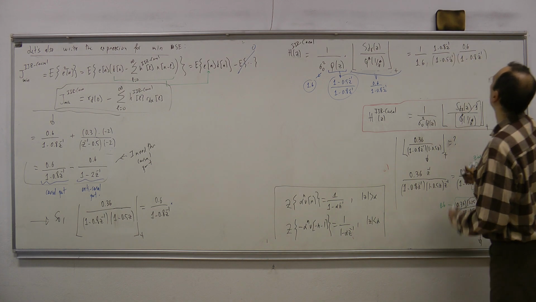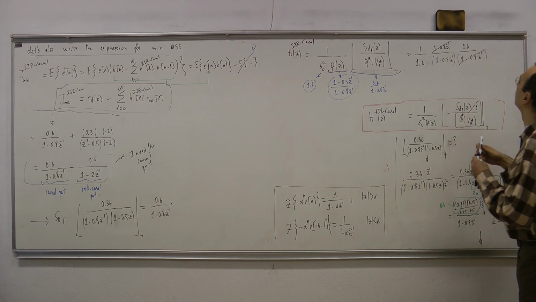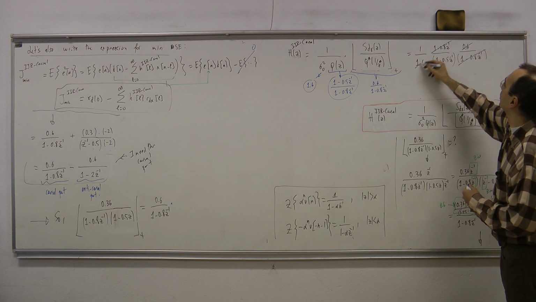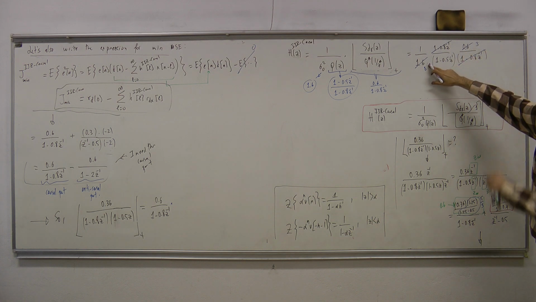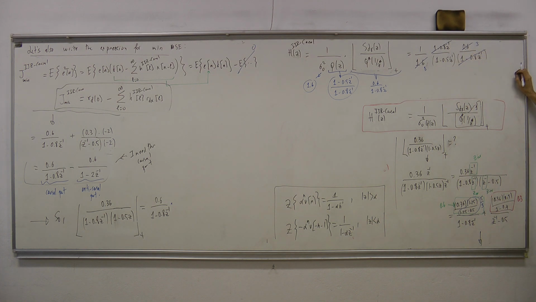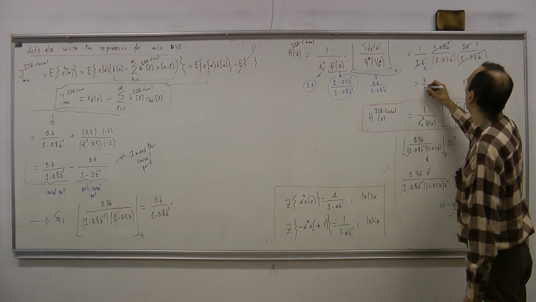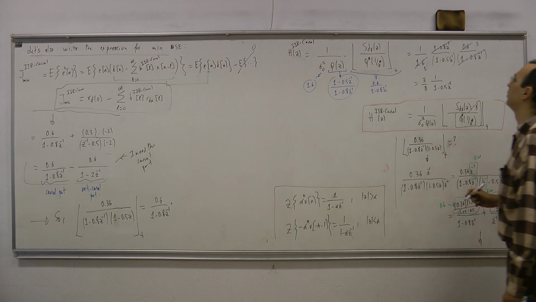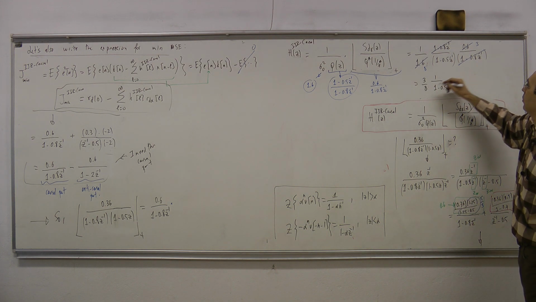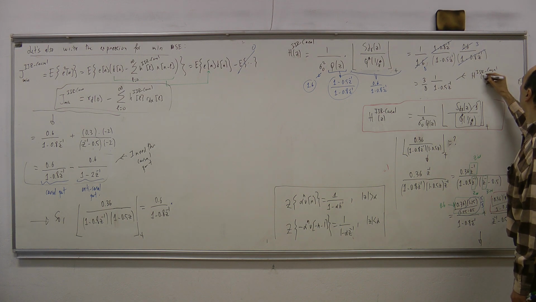And again, we see a cancellation over here. And this is 6 over 16 or 3 over 8. So then this is equal to 3 over 8, 1 minus this. So this is the end of this calculation. So this is H IIR causal Z.